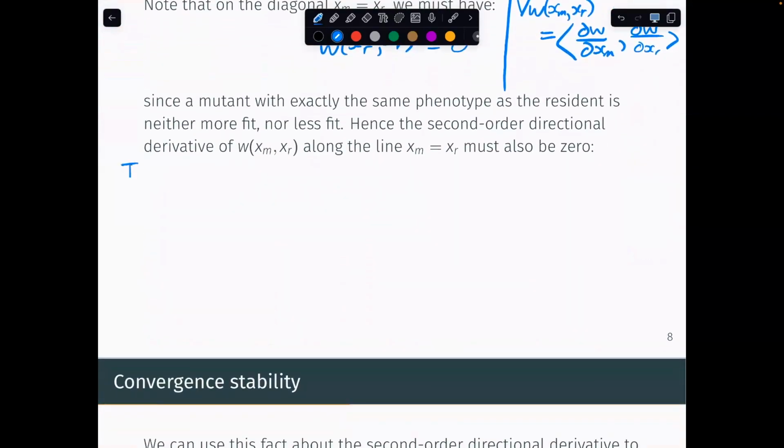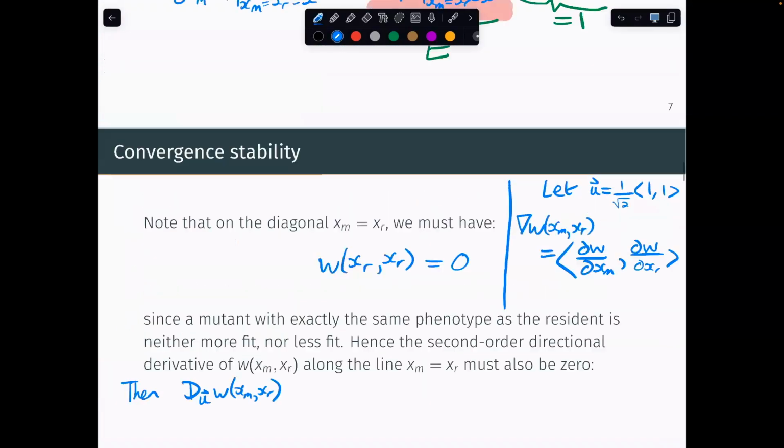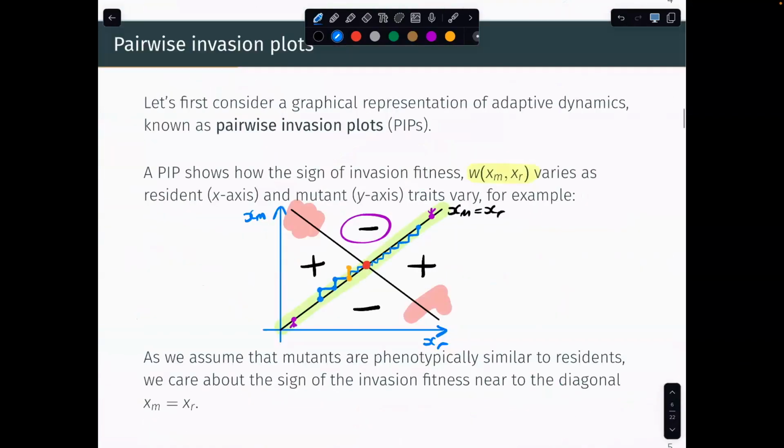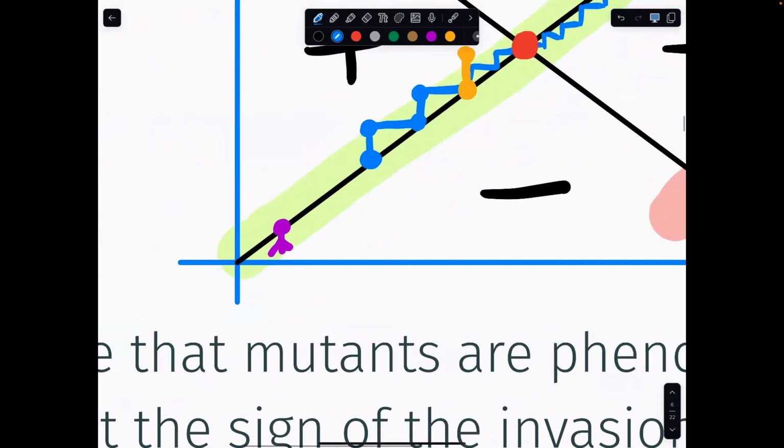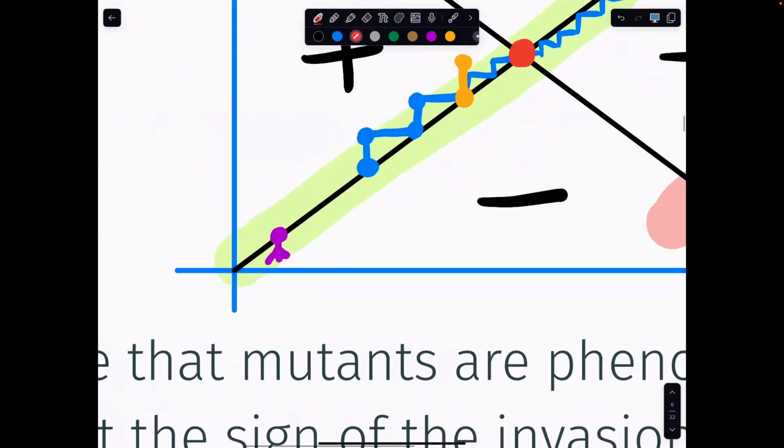Okay, so let's work out our first order directional derivative, capital D sub u, in the direction of u, of w. Just to make sure it's clear what we're doing here, if we go back to this pip, we're on this main diagonal.